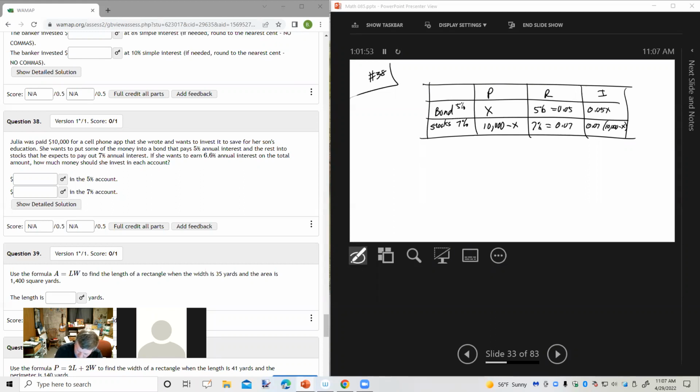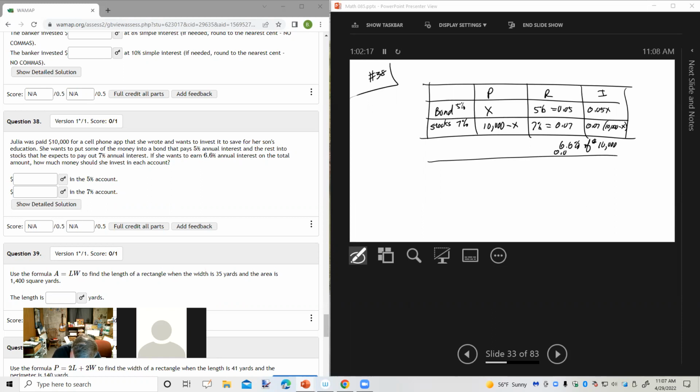But the total ends up being, she wants to earn 6.6% annual interest on the total amount. 6.6% of what's the total amount? $10,000.